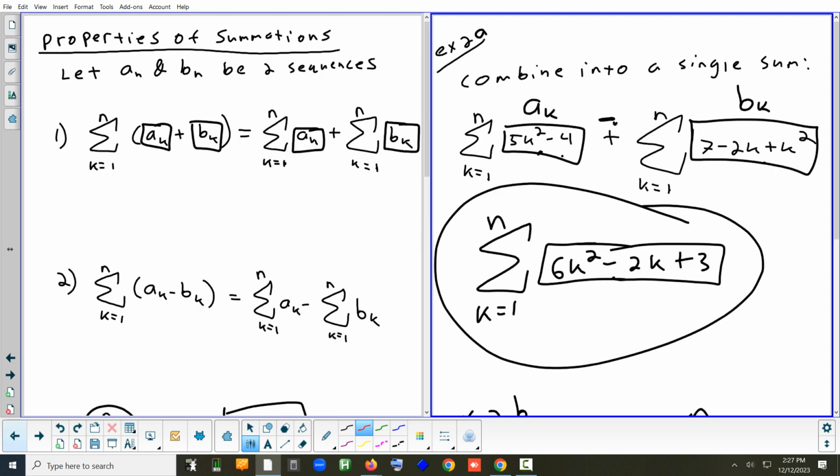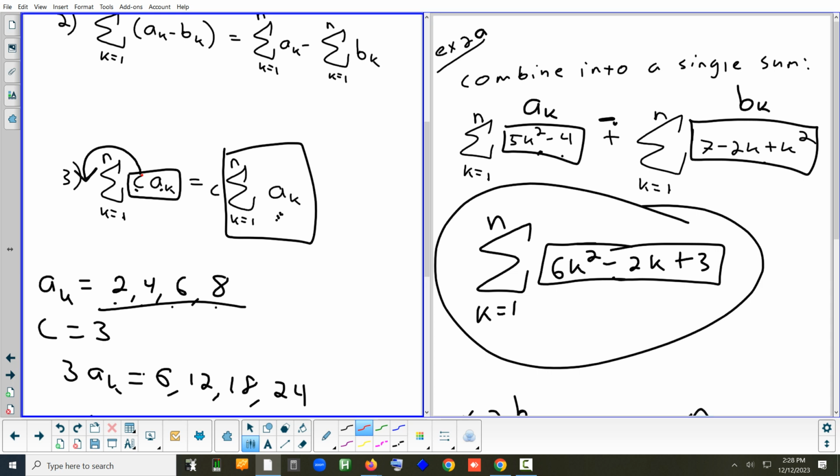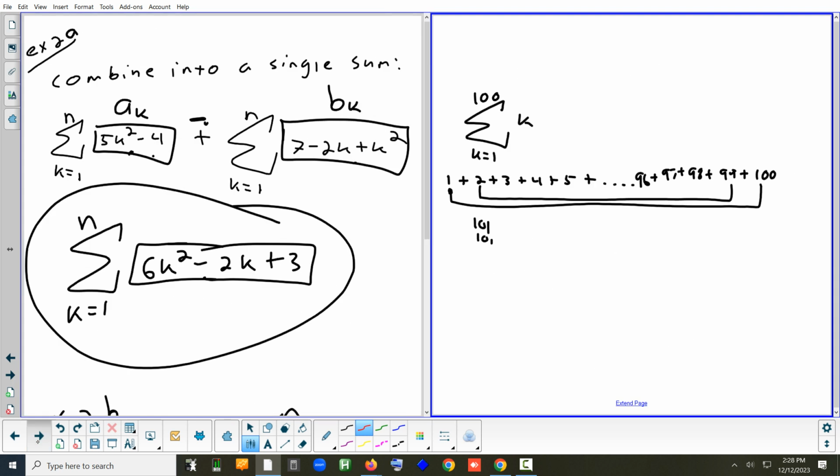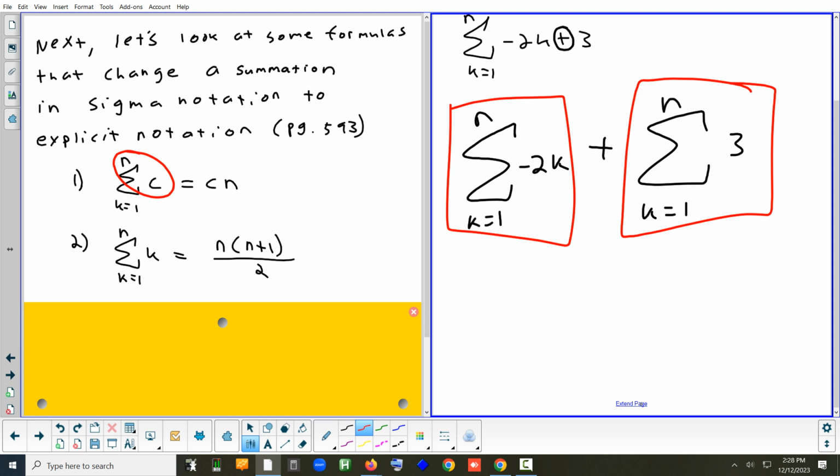Oh, go back another page. Formula 3. If you have a number in front and you don't want it there in front of your formula, what can you do with that number? We can put it in front of the whole thing. Okay, let's do that and watch what happens. Okay, what number goes in front? Negative 2. So negative 2.